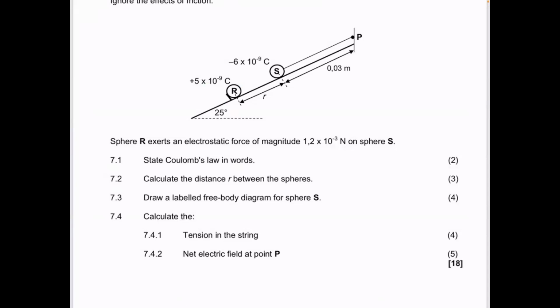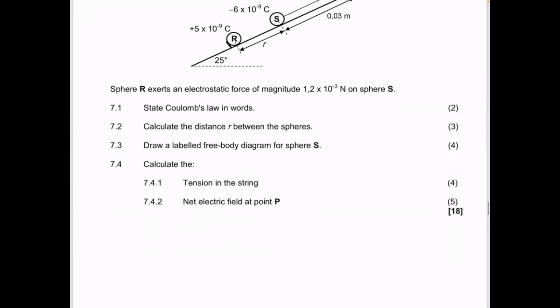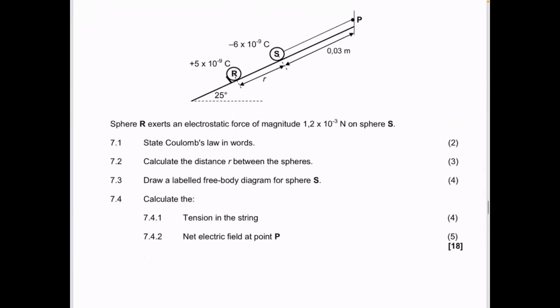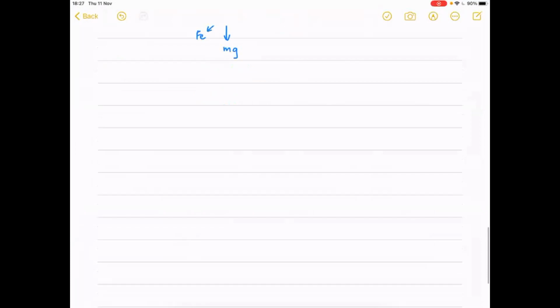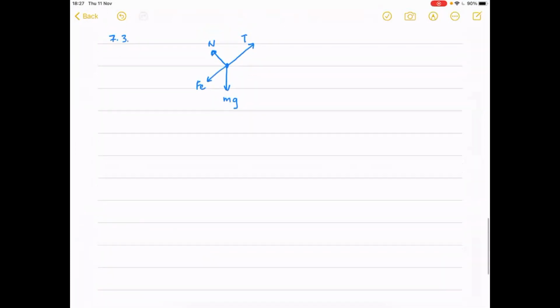And now they want us to calculate the tension in the string. Okay, calculate the tension in the string. So when we're going to do that now, we'll look at our free body diagram. And these charges are stationary. So let's do this. We need that drawing. Okay, 7.4.1.